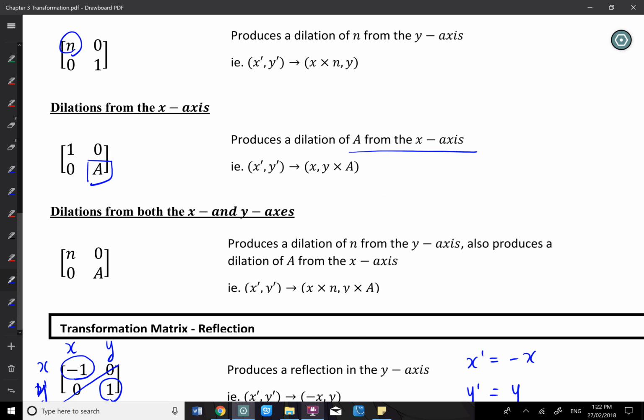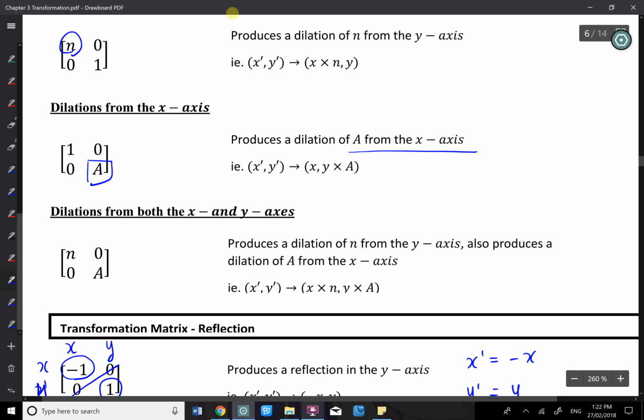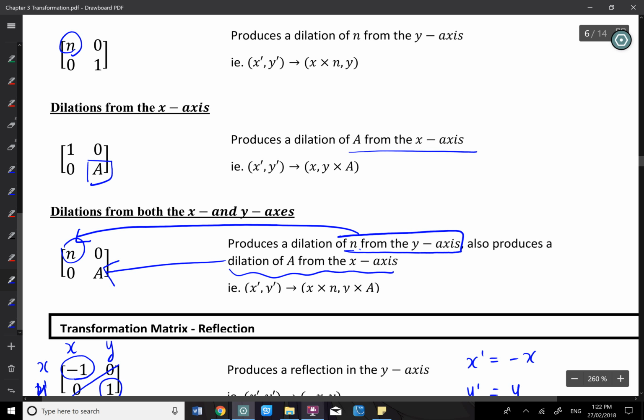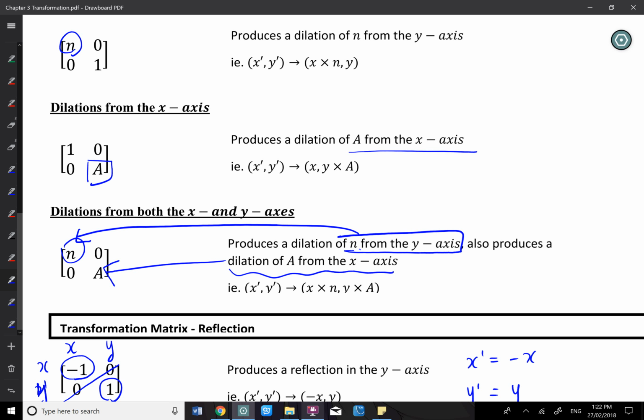If you dilate from both the y-axis and the x-axis, you have n for changing the x, and a for changing the y, which goes in this spot. So these are basically the dilation factors and reflection factors. It is -1 or any positive dilation factor that you put in the red spot.